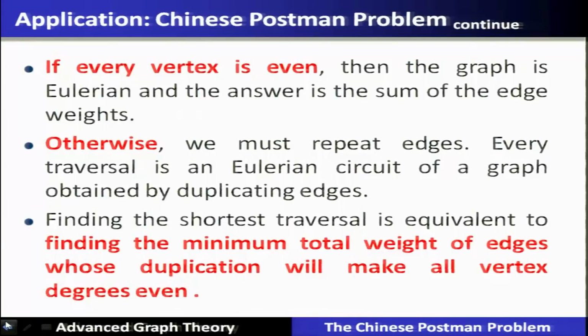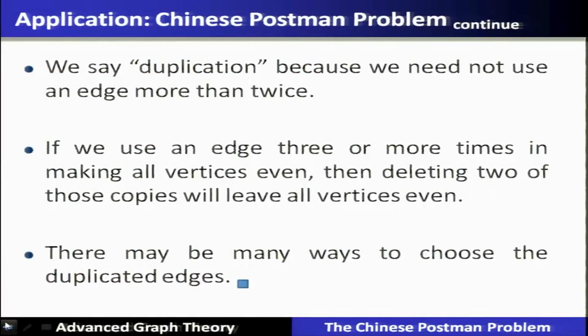If it is not, then we must repeat edges. Every traversal is an Eulerian circuit of a graph obtained by duplicating edges. So finding the shortest traversal is equivalent to finding the minimum total weight of edges whose duplication will make all the degrees even.